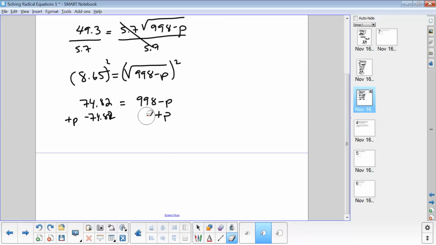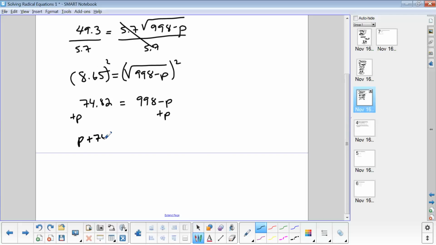So I'm going to add the p variable. So I get p plus 74 and 82 hundredths is equal to 998.